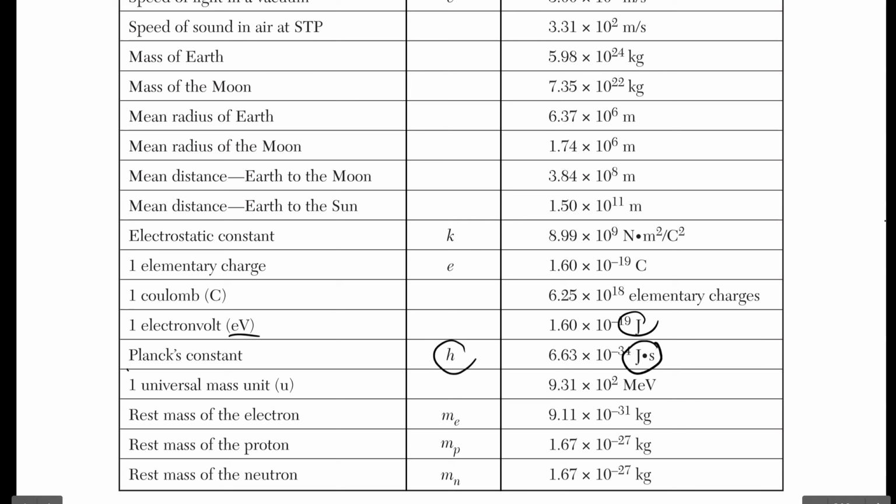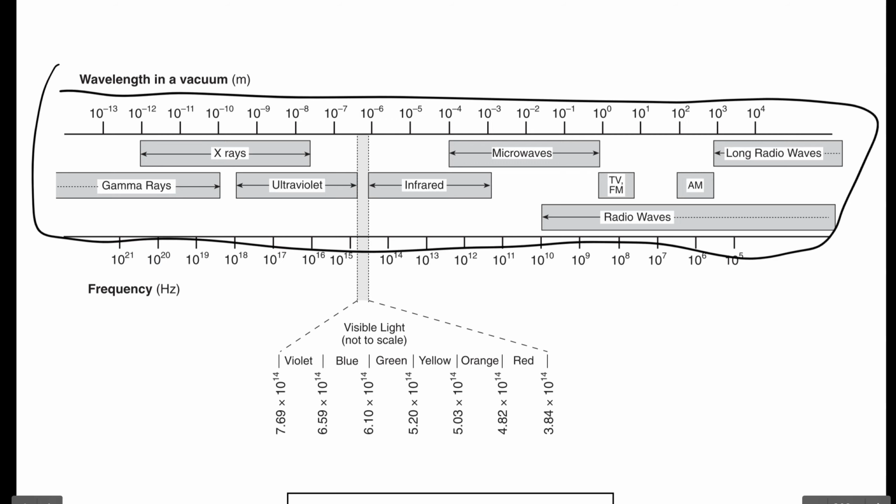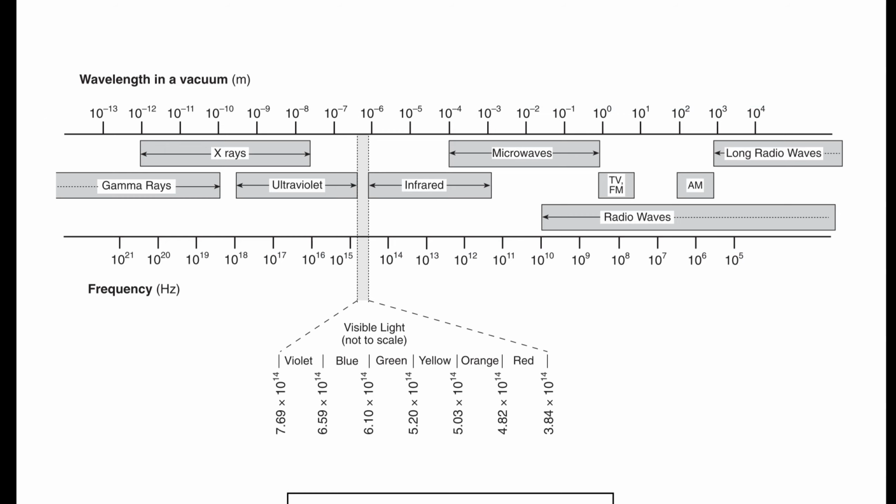We have to convert it to joules first using this conversion factor. 1 electron volt is equal to 1.6 times 10 to the negative 19 joules, so that we can use the E equals hf formula, because h, again, is in terms of joules. Why? So that we can find the frequency and use that frequency to determine what type of electromagnetic radiation it is, and that's what they're asking. So we're jumping literally all around the reference table for this question, which is a lot of fun.